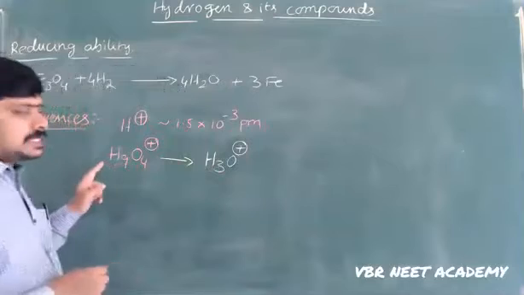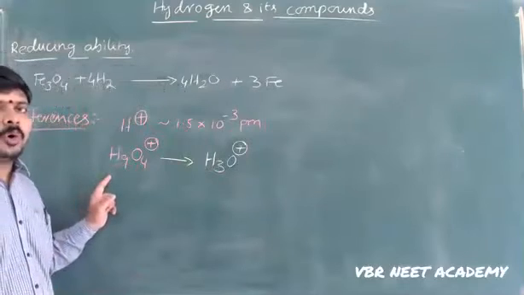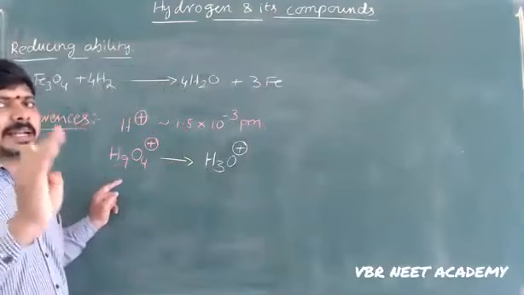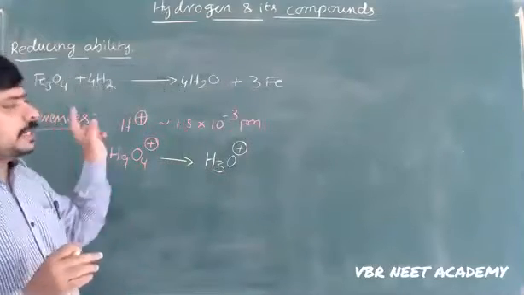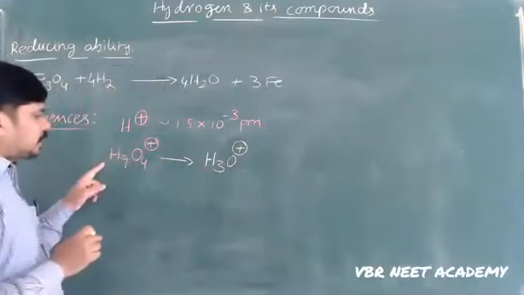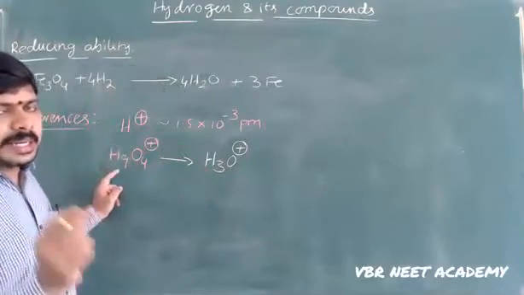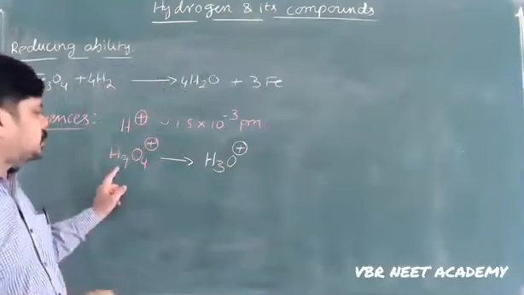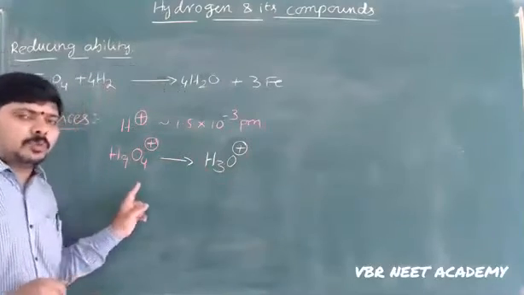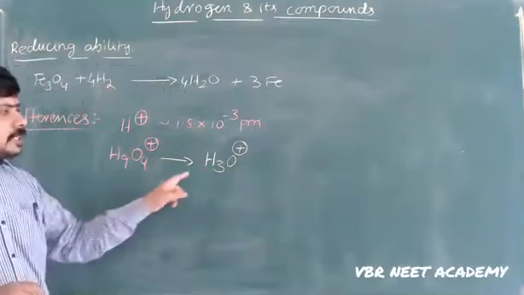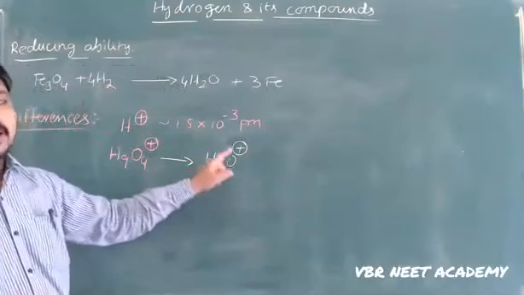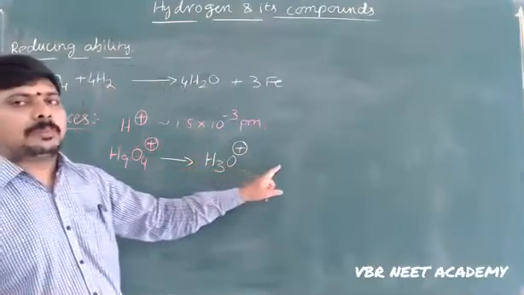It exists as a tetramer. 4 water molecules get tetramerized, that is 4 H2O, H8O4, added with one H plus, giving H9O4 plus. So that is what we simply represent as H3O plus, the hydronium ion.